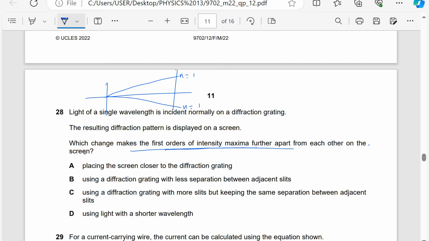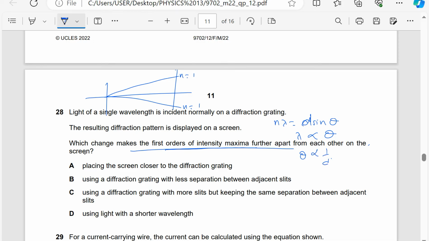Sorry, for a diffraction grating, we know that n lambda is equal to d sine theta. So we want the first orders of the intensity maxima to be further apart. n is equal to 1. For them to be further apart, of course, sine theta is directly proportional to lambda, or theta is directly proportional to lambda, and theta is inversely proportional to d.